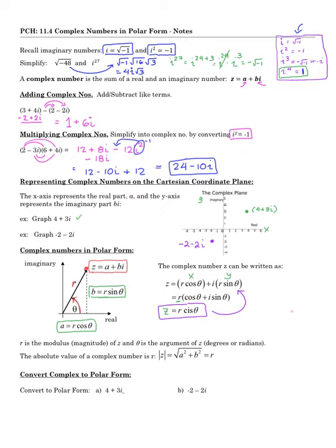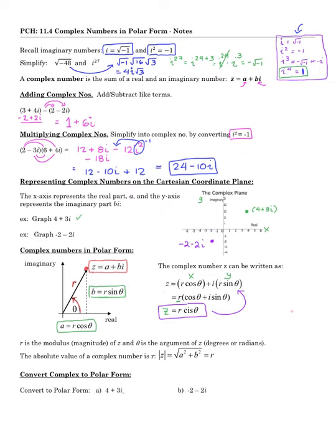Don't worry about the terminology. It's not going to be that important. The absolute value of z, because remember, if we're talking r, your hypotenuse is always positive. So the absolute value of z would be the square root of a squared plus b squared, which is your radius. Hopefully that makes sense because that's just the Pythagorean theorem to figure out what r is.